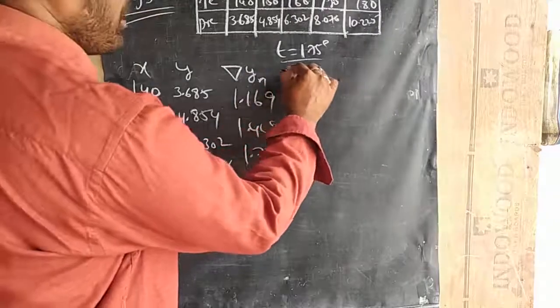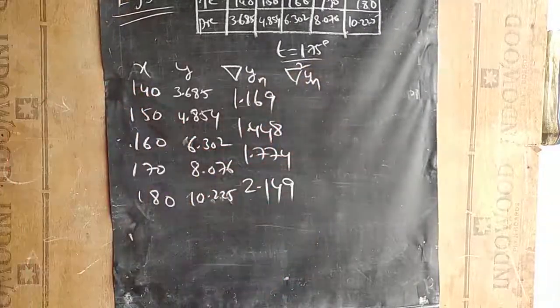So next, delta square yn. We are doing backward, right?